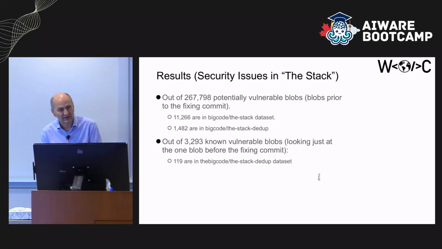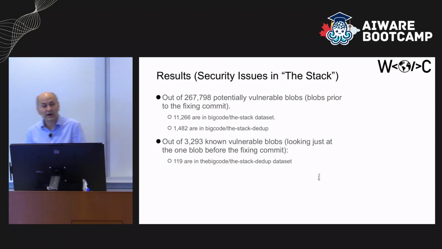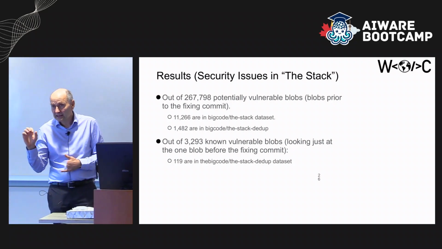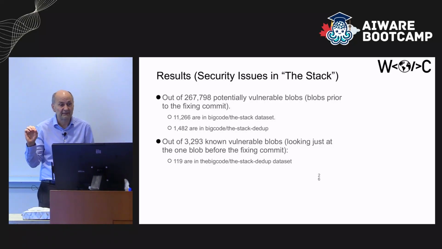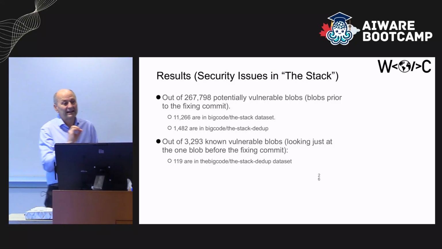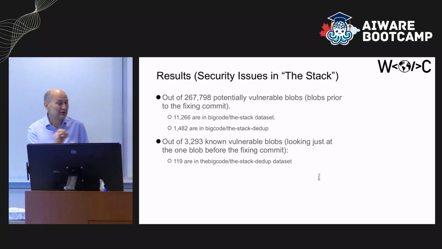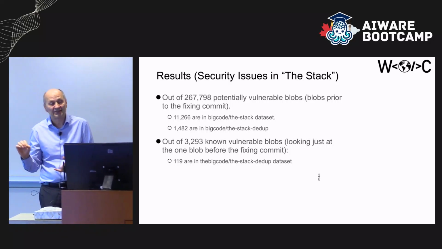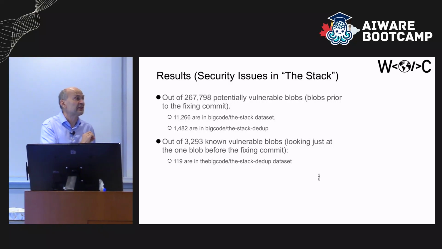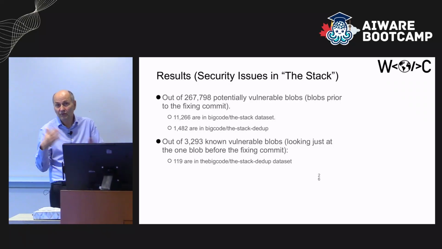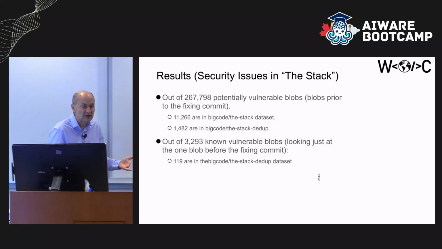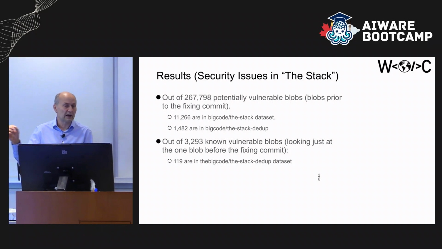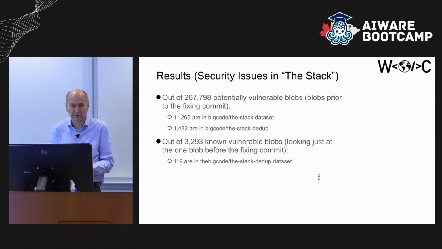And here are some results. Just using World of Code, from these 4,000 CVEs we can find a quarter million. That's pretty interesting. So these 4,000 CVEs lead to 250,000 potentially vulnerable blobs, right? These CVEs are of course for actively managed projects, so these projects have long histories. If you start from the vulnerable blob, you can go back pretty far.